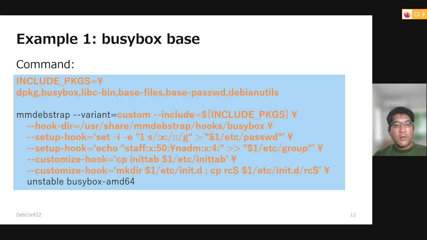Details of these files are explained on the next page. Then the setup hook adds settings to the /etc/passwd and group files, and the customize hook prepares the tab and rcS in the image.